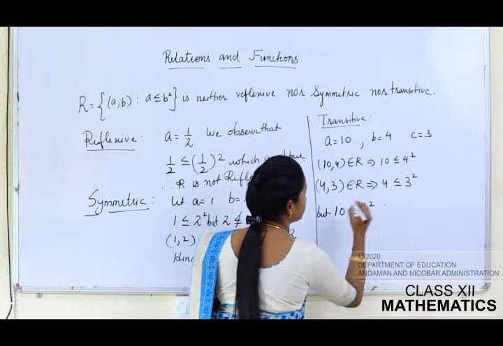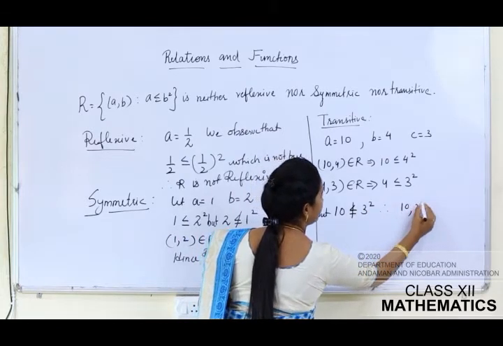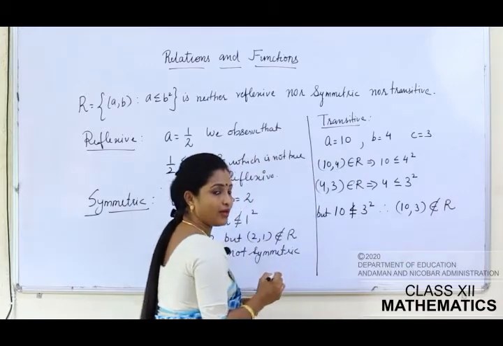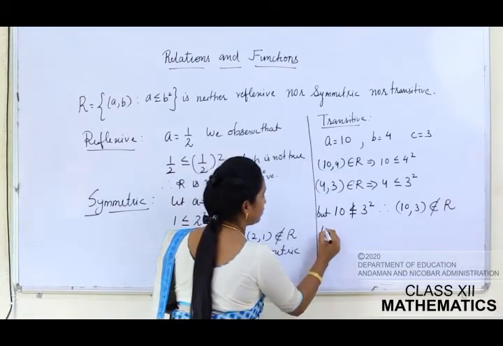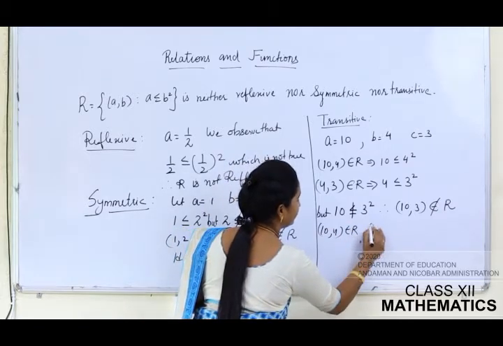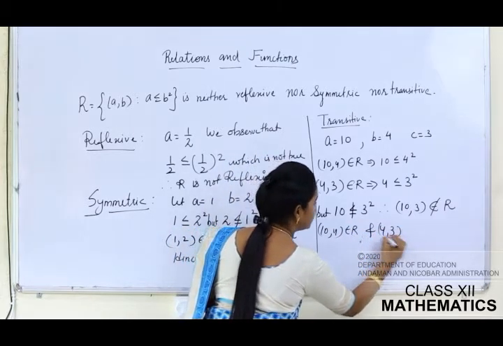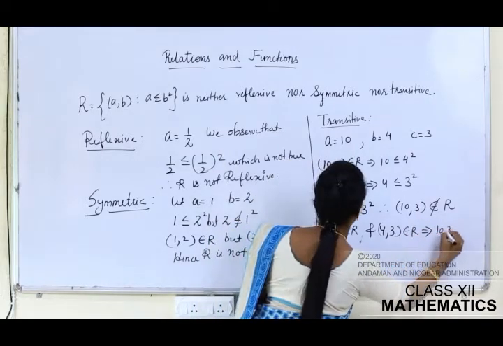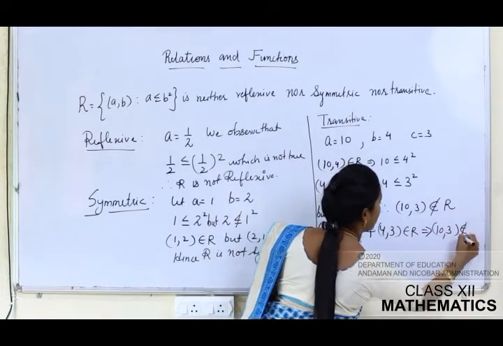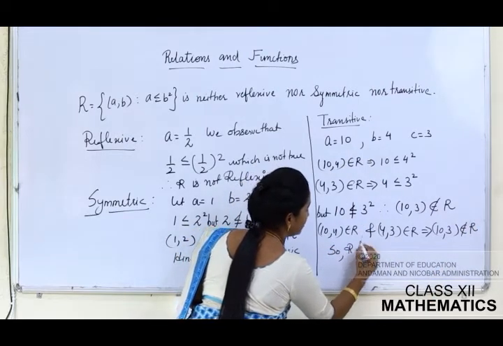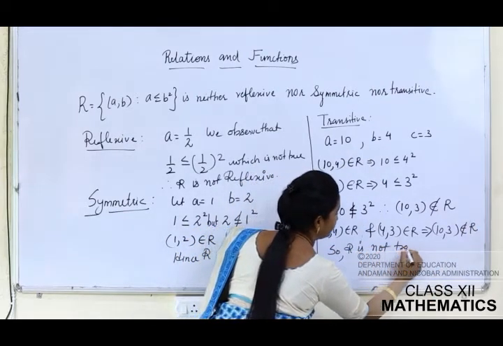Therefore, what can you say? 10, 3 does not belongs to R. Okay, so what is the conclusion? 10, 4 belongs to R. Okay, and 4, 3 also belongs to R implies that 10, 3 does not belongs to R. So, R is not transitive.